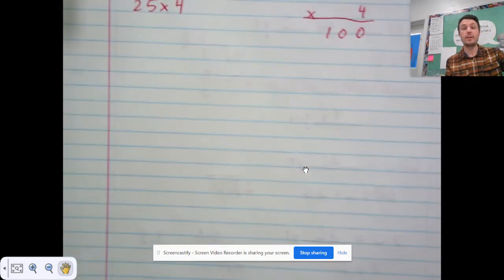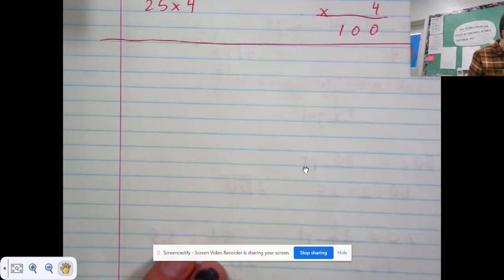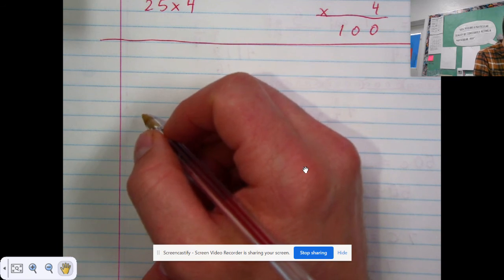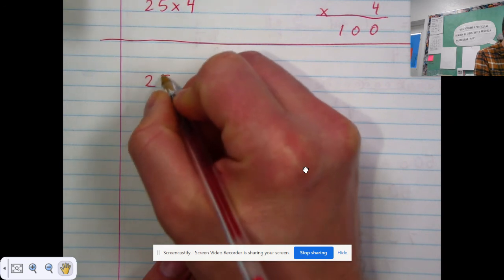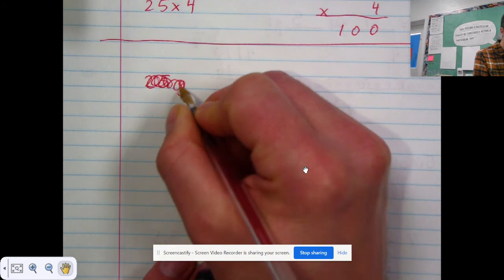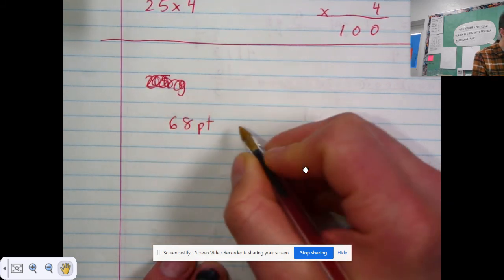Okay, I'm going to give you some independent practice now. I want you to do, let's see, 25 gallons. Oh, we just did that one together. Do 68 pints.